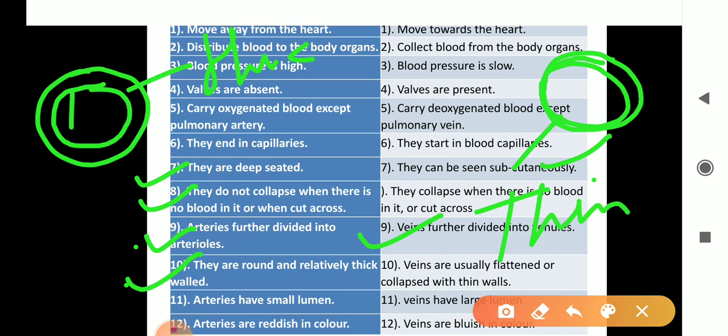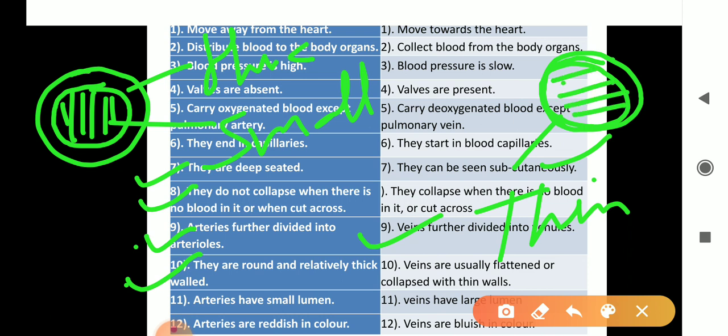This lumen is small in arteries, whereas this lumen is wider in veins. Now see, arteries have high blood pressure because of the small lumen, and veins have low blood pressure due to the wider lumen.